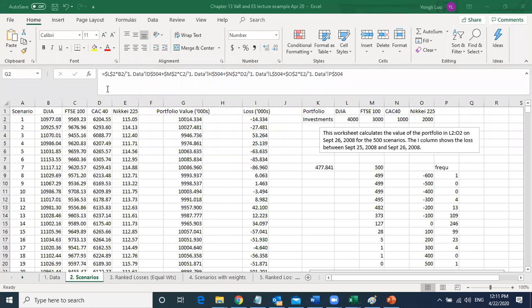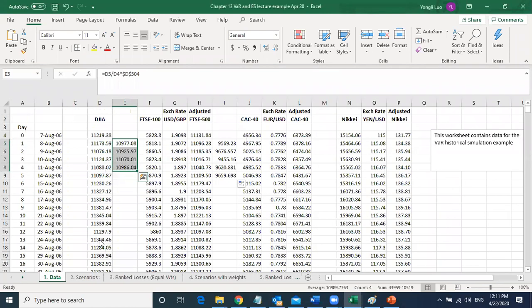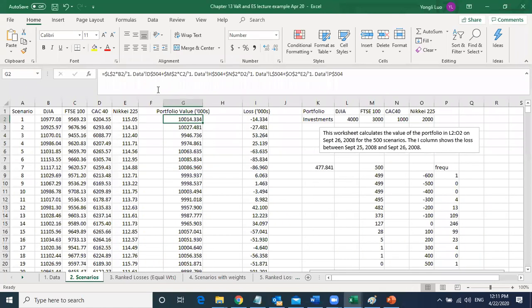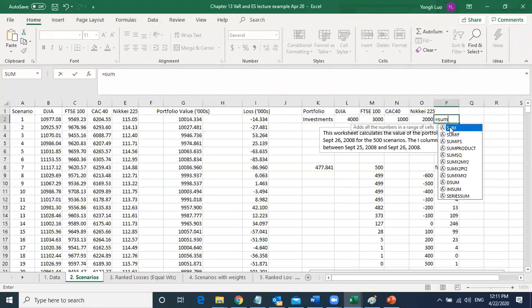Remember, we got D504 from this data set for the last data. So that's how you get the portfolio value. Then you sum them up, and that's your total investment.